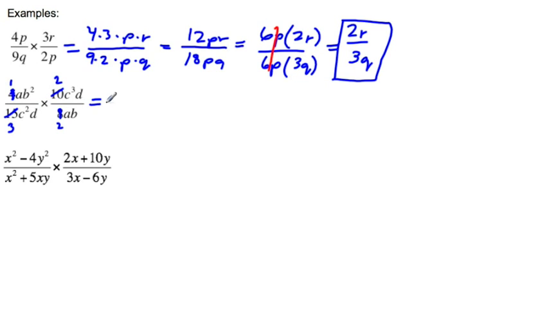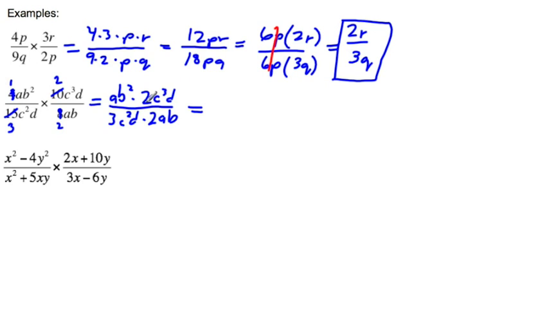So now when I go ahead and multiply, I'm left with 1ab squared, so ab squared, times 2c to the third d, sorry, c to the third, over 3c squared d times 2ab.